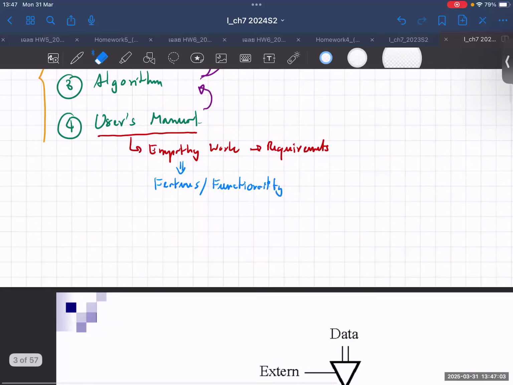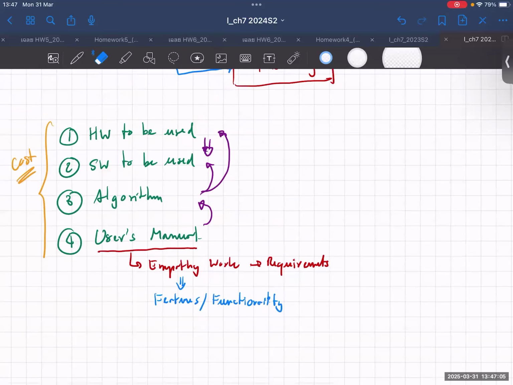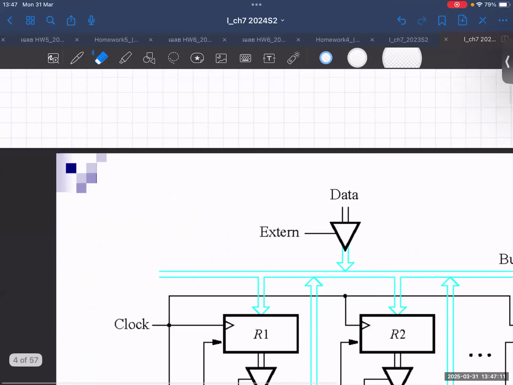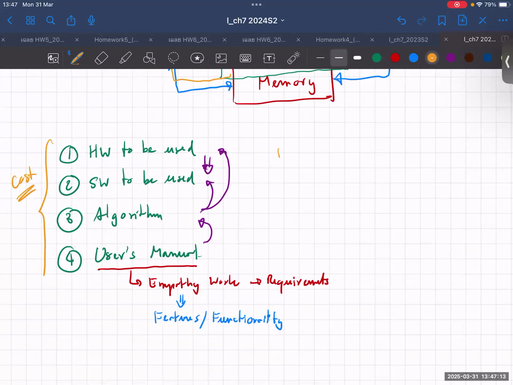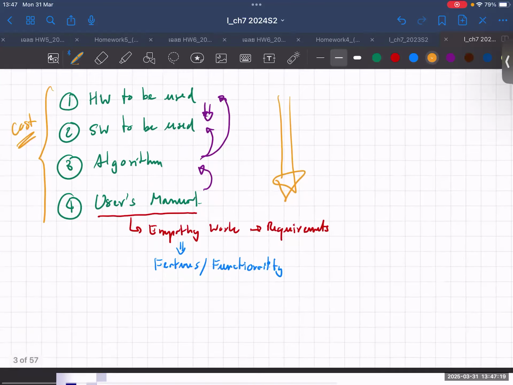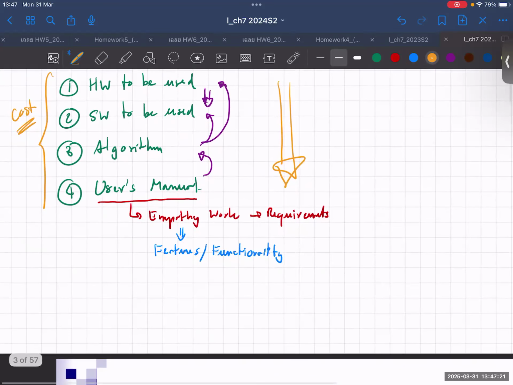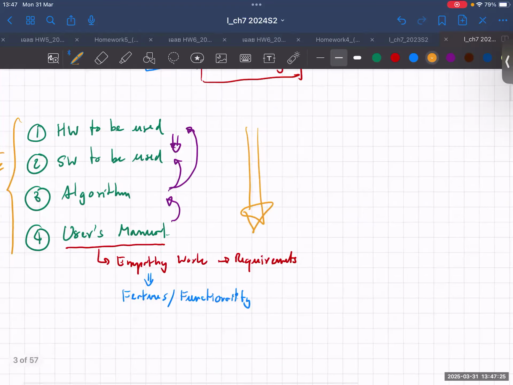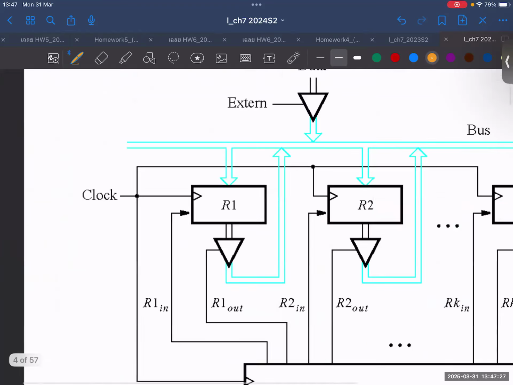Then after that, we can build from number 1 back to number 4, right? This is how we construct it, okay? But of course, the first one is the empathy work or working out the requirements. So this is more or less like a top-down approach, okay?